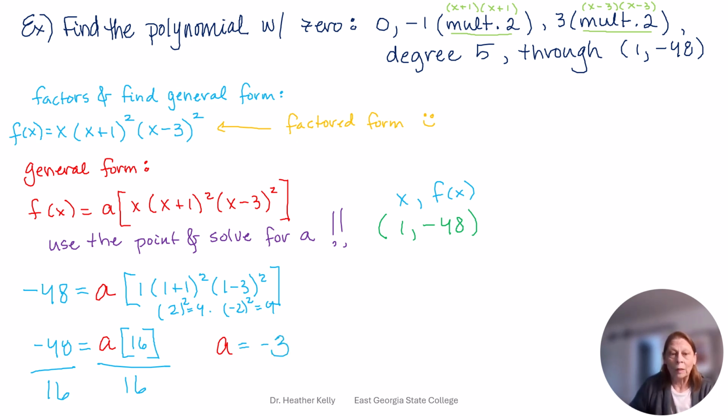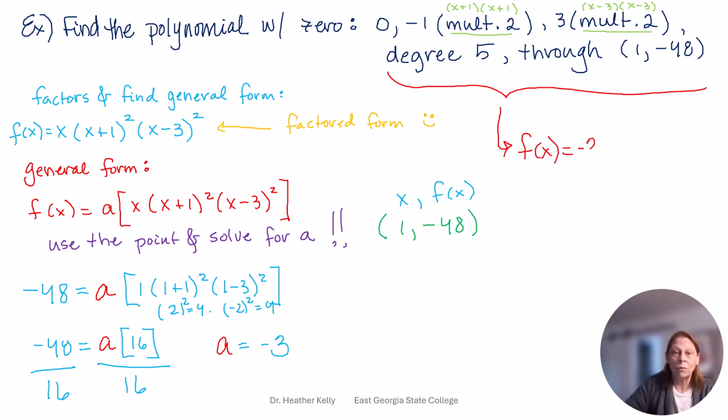So our solution to our question is going to be f of x is equal to negative 3 times (x plus 1) squared times (x minus 3) squared.